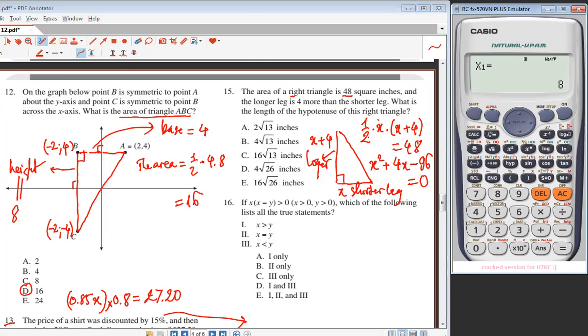Oh, I misunderstood something. This is S. The solution 8 is the length of the shorter leg. S equals 8.